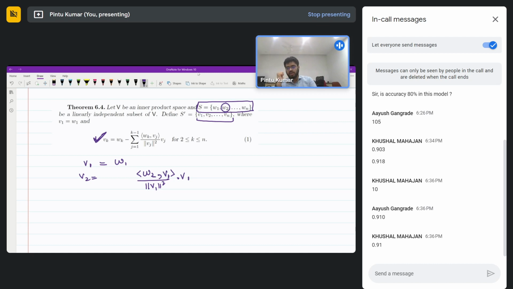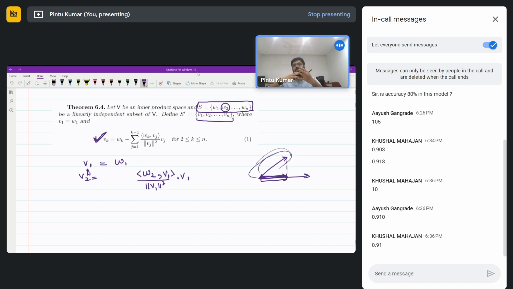Now what we actually want is that v1 and v2 should be perpendicular to each other, right? So let's say this is your v1 and this is your v2. You want them to be perpendicular, so you take this projection and subtract it from the original vector.